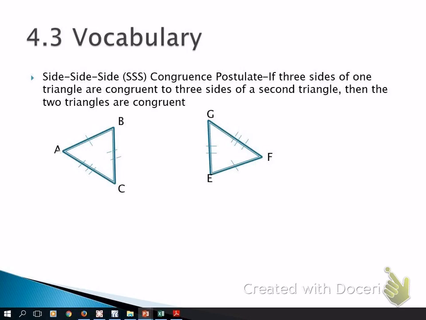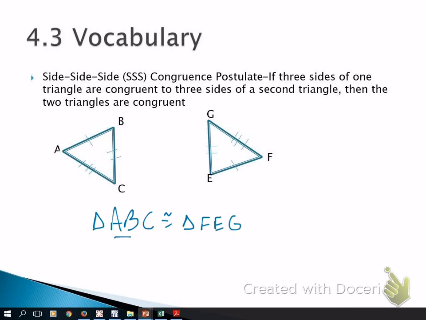Now, SSS is a nice shortcut, but when we write our congruence statement, we are going to have to make sure that we're matching up our corresponding parts, and it's a little bit tough with sides, so you're going to have to be careful. But if I wanted to, I would talk about the fact that triangle ABC is congruent to, and if I go AB, then I have to go FE, and then G would have to fall into place.